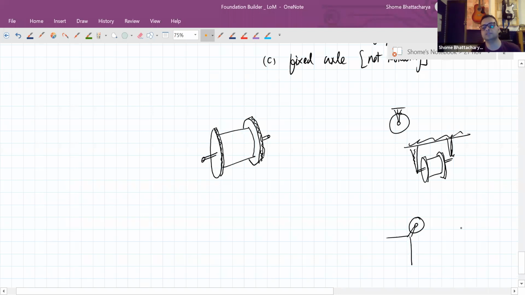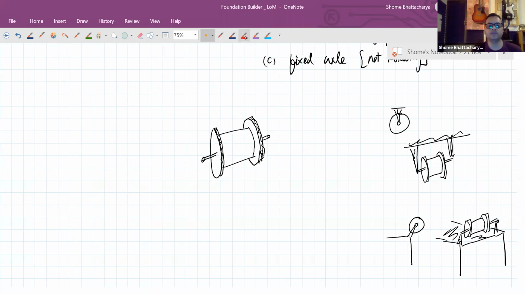So three-dimensionally, this would look like this. It's attached to some surface like this.